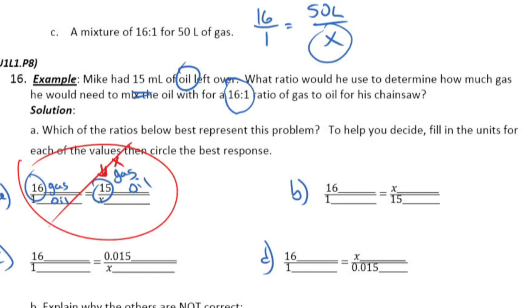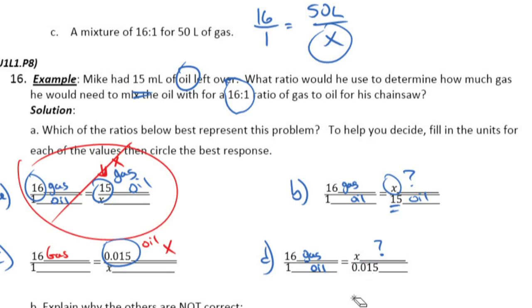All right, B was 16 parts gas to 1 part oil, and then I have how much gas, and then this is oil. That one's looking pretty good. So 15 is the oil. Again, on the top here, the top is representing gas, but this 15 is oil, so I don't want that. I want gas on the top on both. And then this last one looks okay as well. So this is gas, oil, and then I have how much gas do I need for 15.